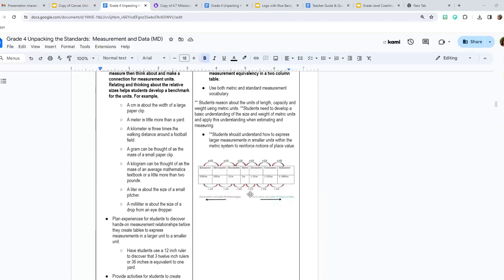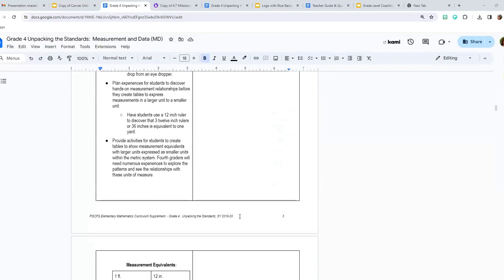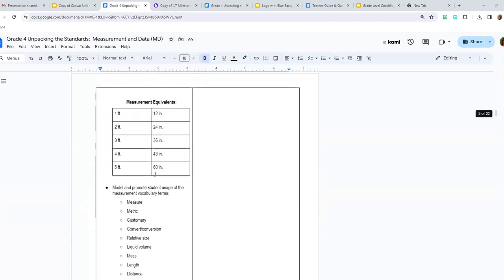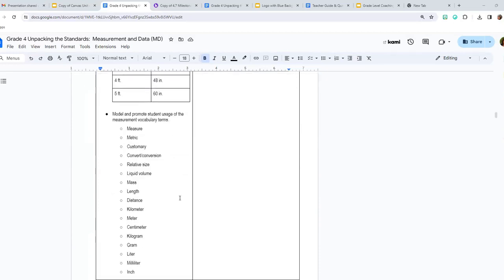This is something that you can create with your students after they have already experienced and, what did they say down here? Explored the patterns to see the relationships within the units of measurement. All right, so these are the measurement equivalents that they will need here.